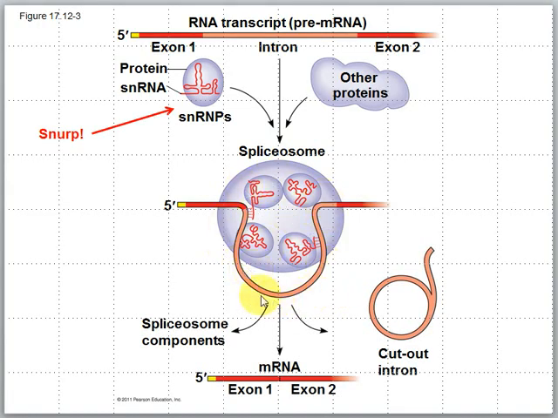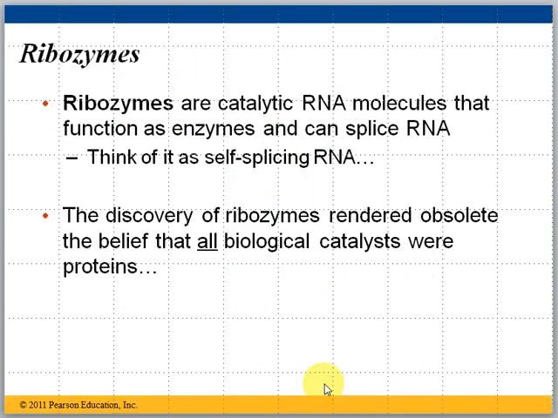They remove this portion of the messenger RNA, which is the intron. There it is now off to the side. And then they splice back together the two ends until we have our final clean, ready to go messenger RNA down here at the bottom. Good job, SNRPs.